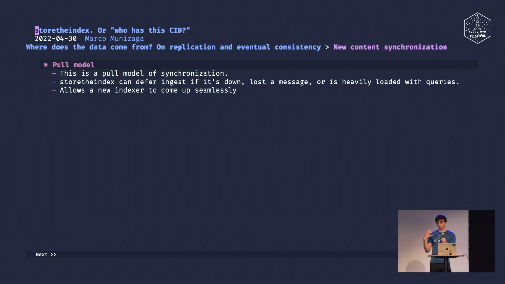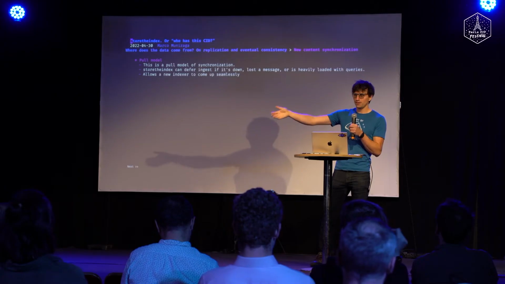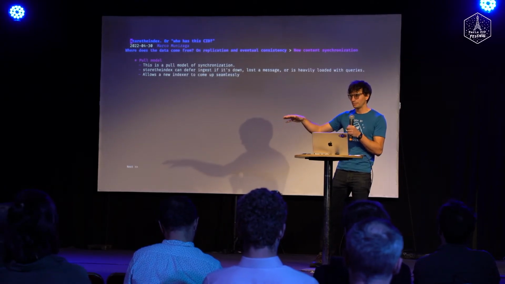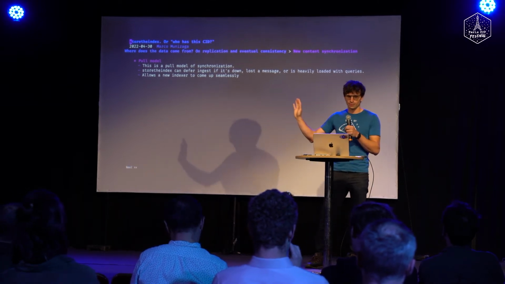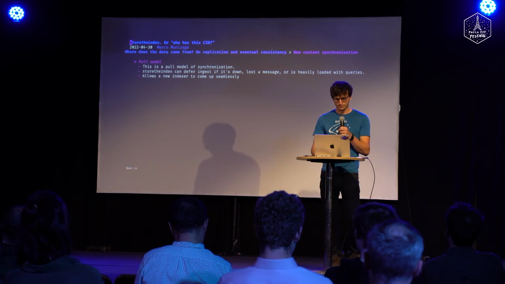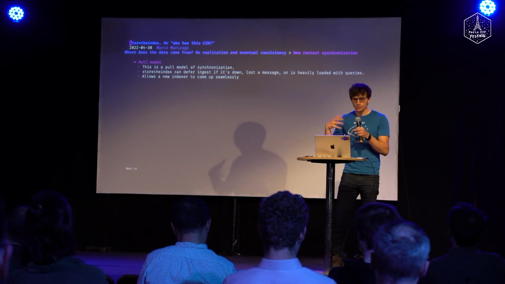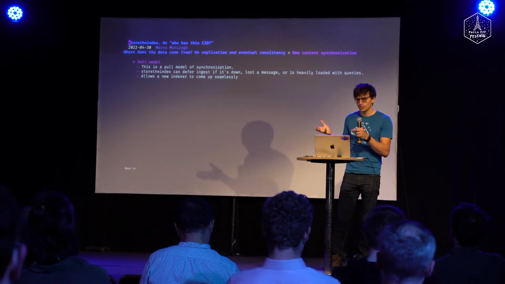If all of a sudden, for whatever reason, 5 p.m. on a Friday is really, really popular for queries, you don't do any reads, and you just handle writes. This also allows a new indexer to come up pretty seamlessly. It just slowly takes its time, and when it finishes walking the chain, it'll be up to date.